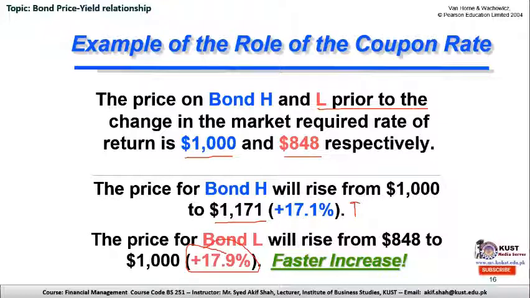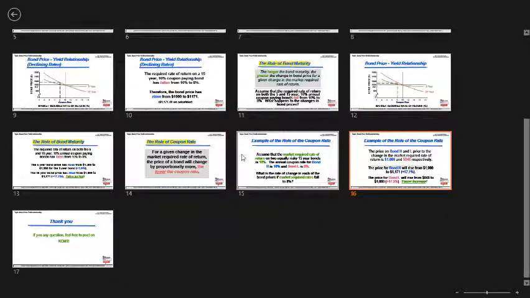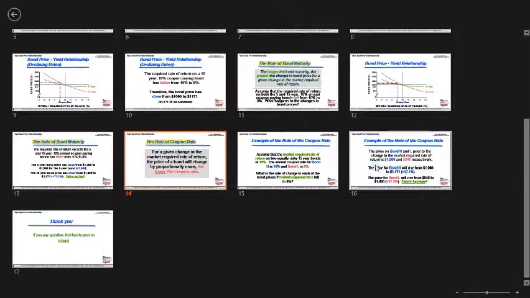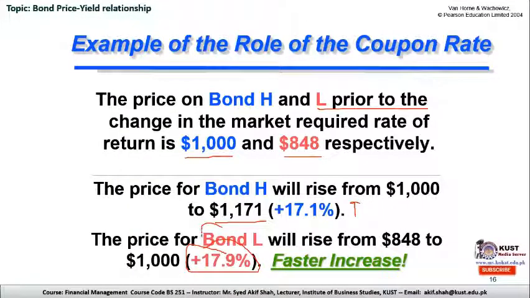Therefore, we can conclude, as mentioned in the narration of our condition, that for a given change in the market required rate of return, the bond price will change proportionally more if there is a lower coupon rate. So we have proved that when there is a lower coupon rate, the bond will have a greater increase in its price in comparison to a similar bond having a larger coupon rate.